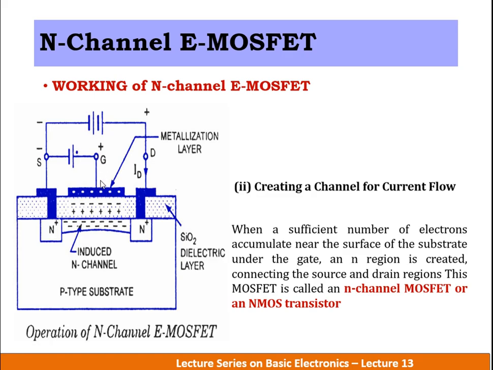Because of this positive potential, and since we are making use of a P type substrate, where the majority charge carriers are holes and the minority carriers are electrons, for positive VGS all the holes present near this region start to repel.